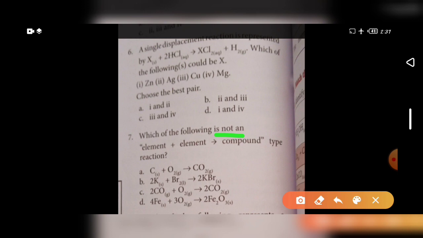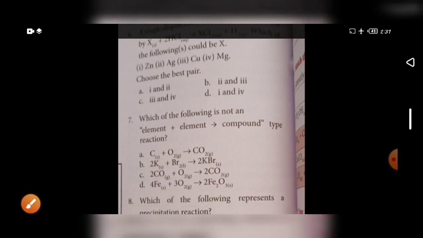Here in the third option, carbon dioxide is not an element, it is a compound plus element. So the third option is the correct option. The fourth option is also element plus element, iron plus oxygen gives iron oxide. So the seventh question option is C.